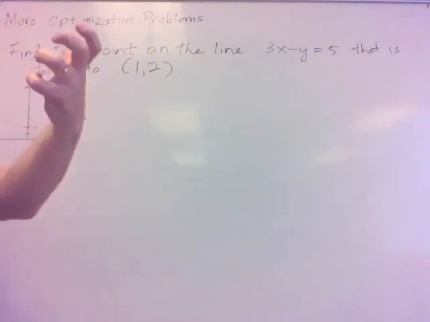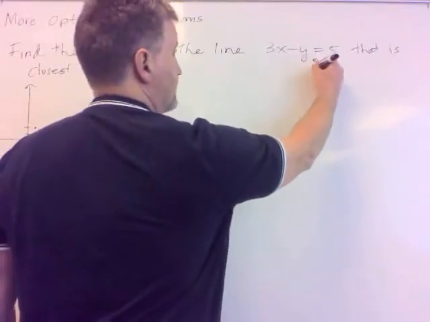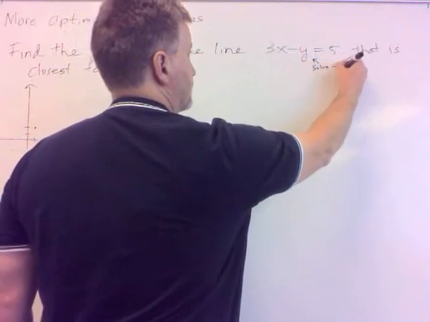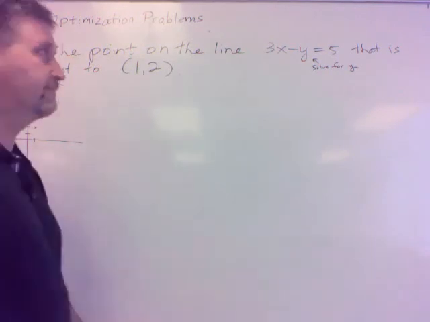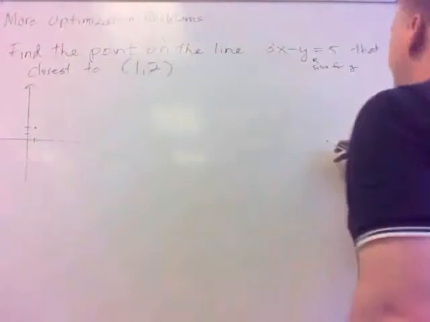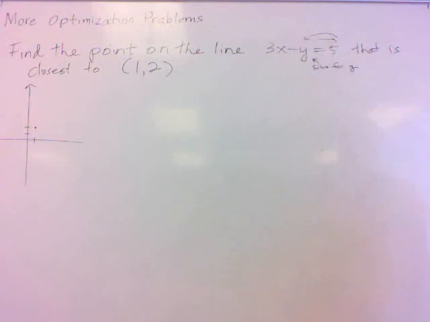For a number of reasons, I might want to get this solved for y. If it's not solved for something, y in this case, I would probably want us to do that. So if I solve that for y, what do I get? The easiest way would be to swap the 5 and the y.